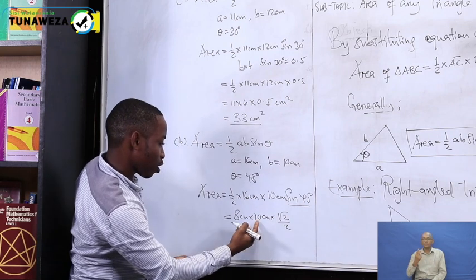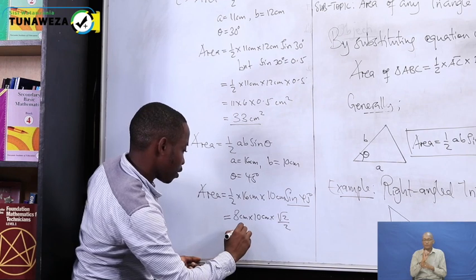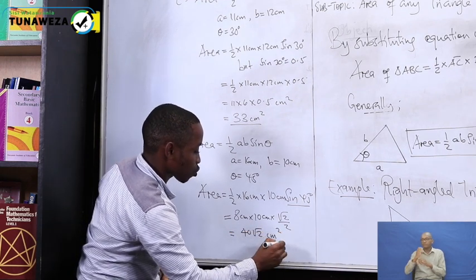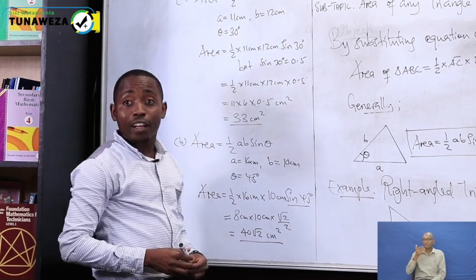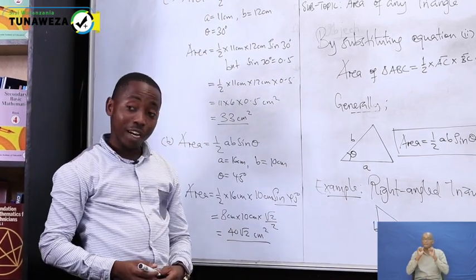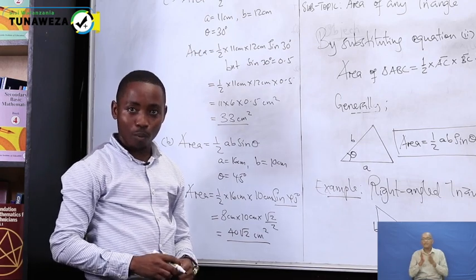Here, this one and this one will cancel, and 5 times 8 is 40. So we are going to get 40 square root of 2 centimeter squared. We can leave our answer in surd form like this, but it must be in a simplified form.